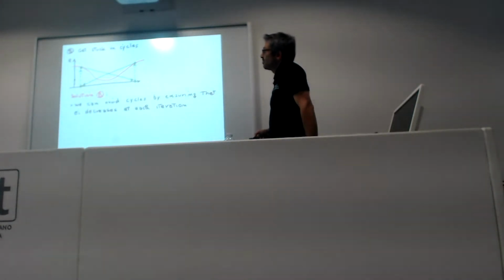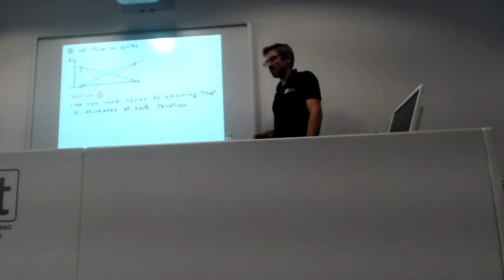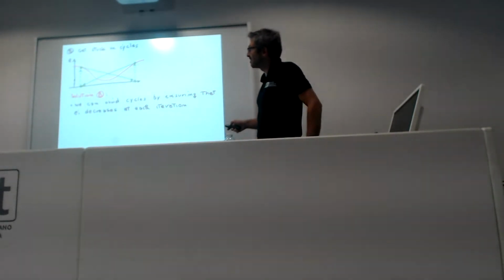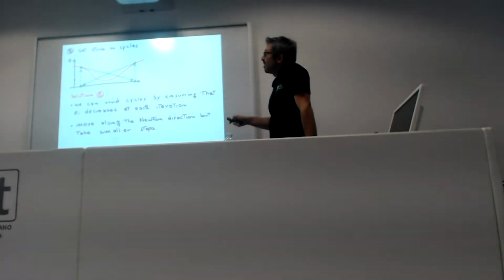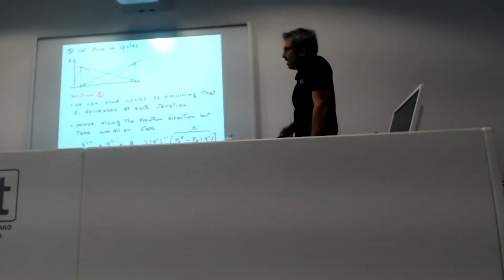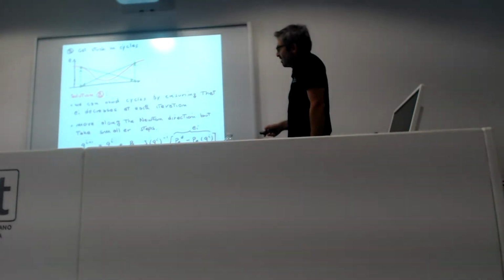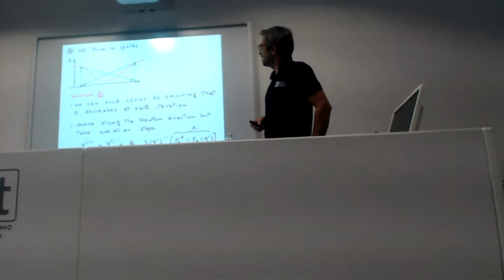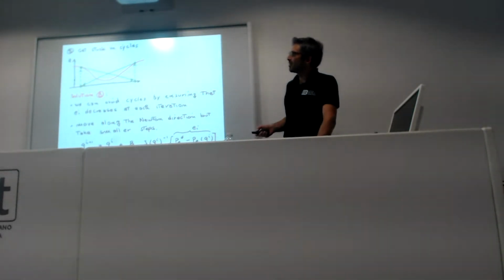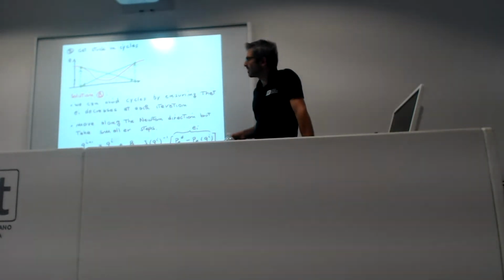So a solution to avoid cycles is ensuring that the error decreases at each iteration, and this is achieved by moving along the Newton direction, not with a full step, but with a smaller step. So instead of doing the whole delta Q, I do a percentage of that, multiplying by a parameter b that is between 0 and 1. If we use b equal to 1, we get the full delta Q. If we take a fraction of it, we take a fraction of the step.